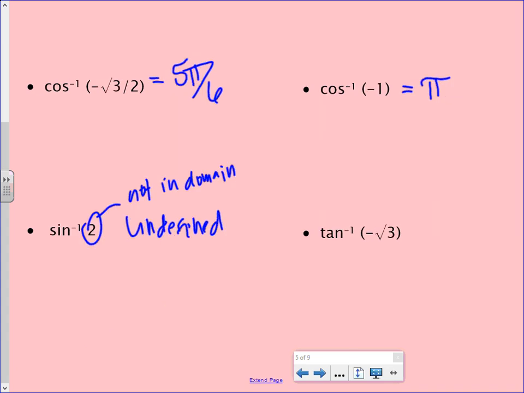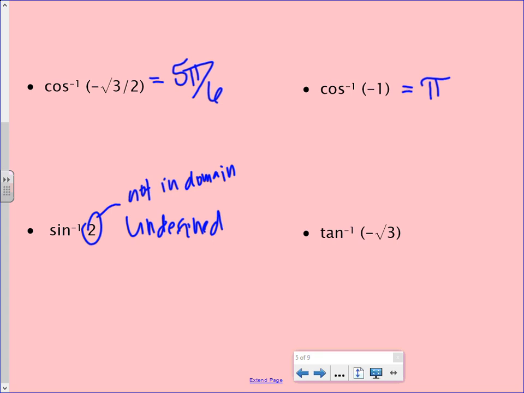Okay, last one on this page. Inverse tangent of negative radical 3. Let's not worry about the negative yet. When is the tangent ratio radical 3? Pi over 3.